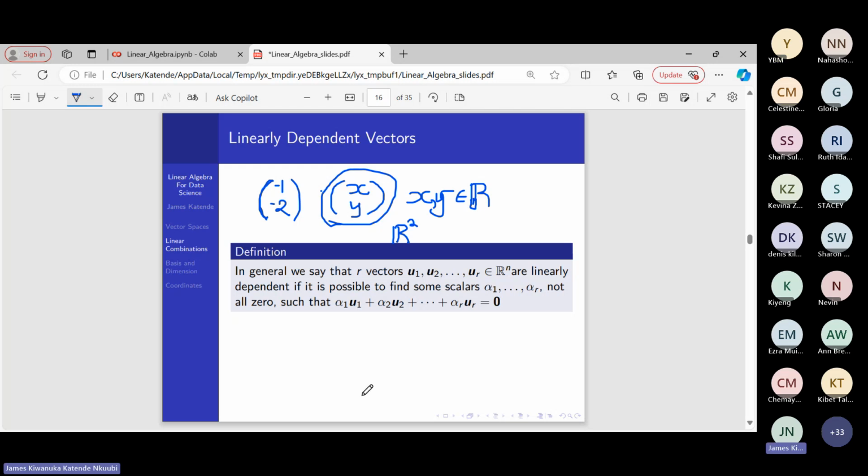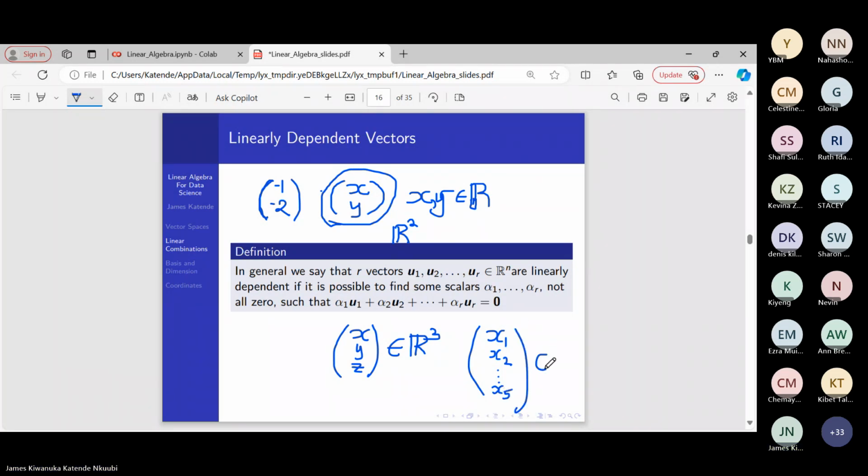That's all. So if it has three values, X, Y, and Z, now you change from R2 to R3. Just the number of components has increased, and it keeps going like that. So for instance, if I have X1, X2, and I'll just use dots to indicate that, if it goes all the way up to X5, now I have a vector in R5.